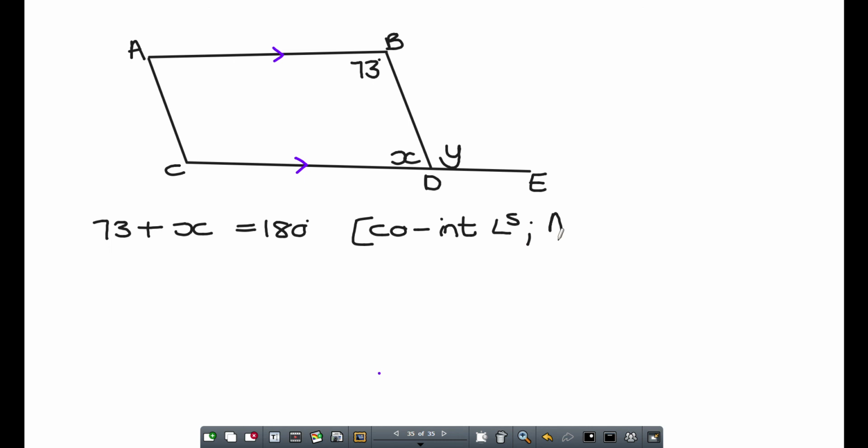And AB is parallel to, and now you could either talk about CD or CE. Same thing. Okay. So if I were to go and calculate, it means that x will be how much? 107 degrees. 180 minus 73.